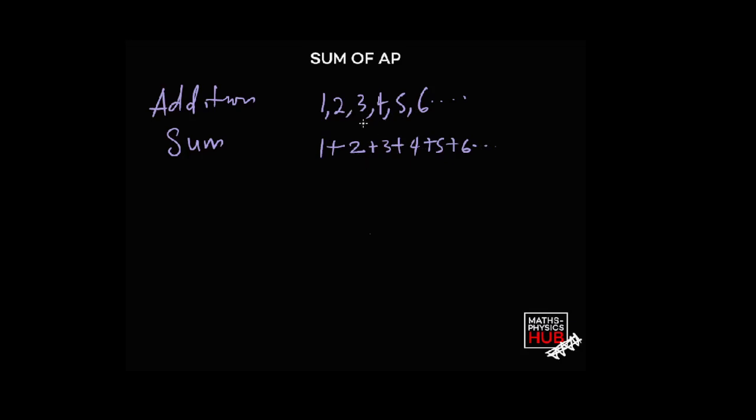But if I say find the sum of this sequence, it means that I will have to add 1 and 2, then 3, then 4, then 5, then 6, and I'll be able to come up with what? Their sum. Are you guys following? Yes, sir. So you can see that the difference between addition and sum is clear now.